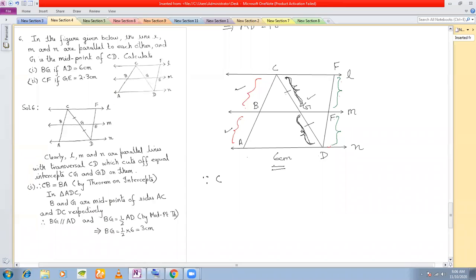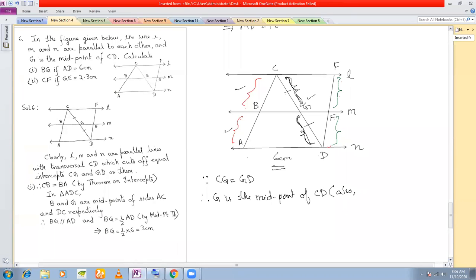Since CG equal to GD, therefore G is the midpoint of CD.